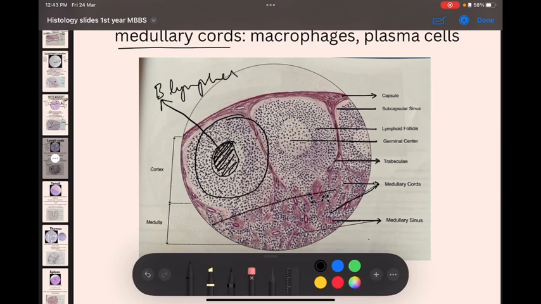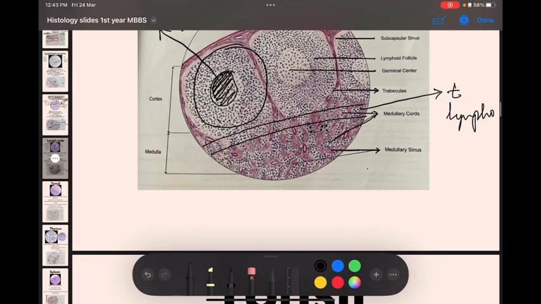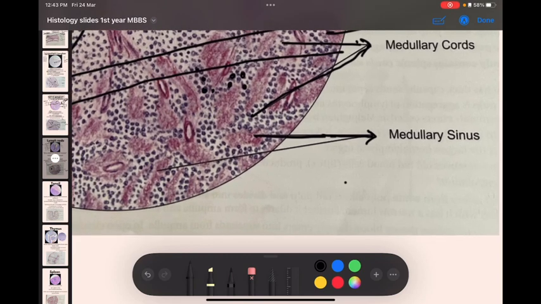In the paracortex, the region between medulla and cortex, we have T lymphocytes. And in the medullary cords region, we have plasma cells and macrophages.